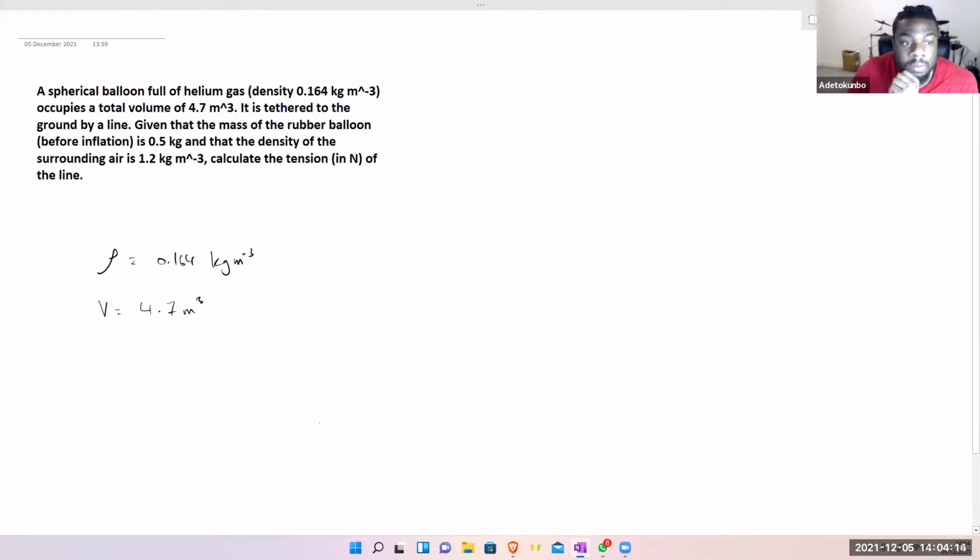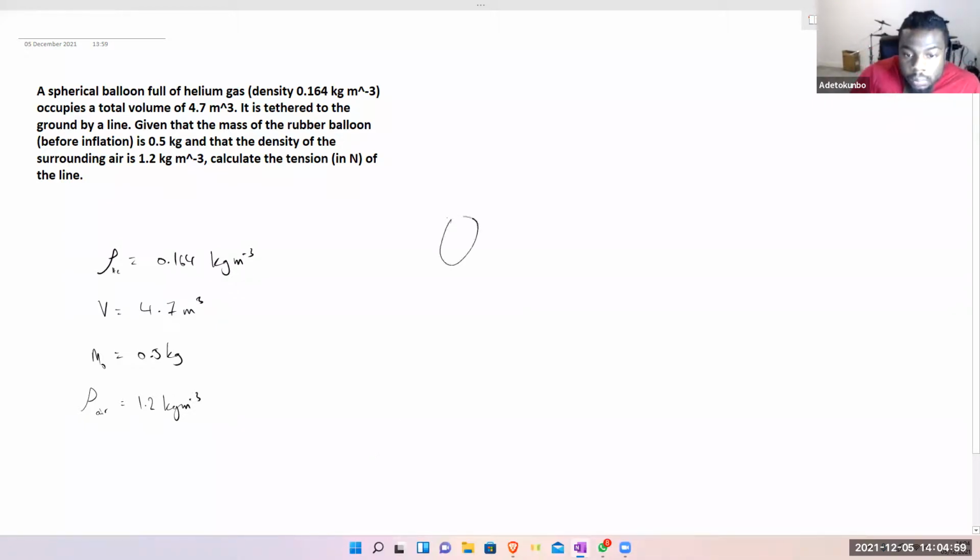Given that the mass of the rubber balloon before inflation is 0.5, so mass naught equals 0.5 kilos, and that the density of the surrounding air is 1.2, so density of helium, and then the density of air is 1.2. Calculate the tension in newtons of the line.